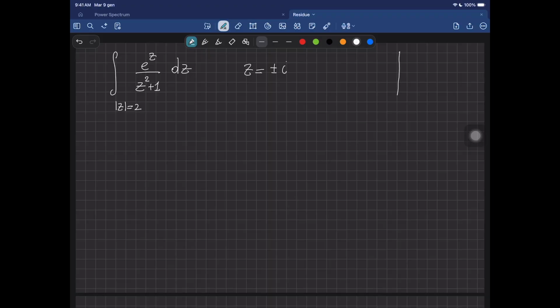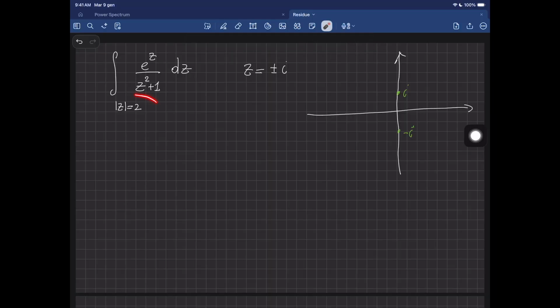So we draw our complex plane, and then we put the two singularities at i and negative i. Great. And then we are integrating on the circle of radius 2, which means that it's going to enclose both singularities, and whenever we write it like this, we always understand that we're integrating counterclockwise. Great. Now the two singularities are in, and the next step is to factor the denominator.